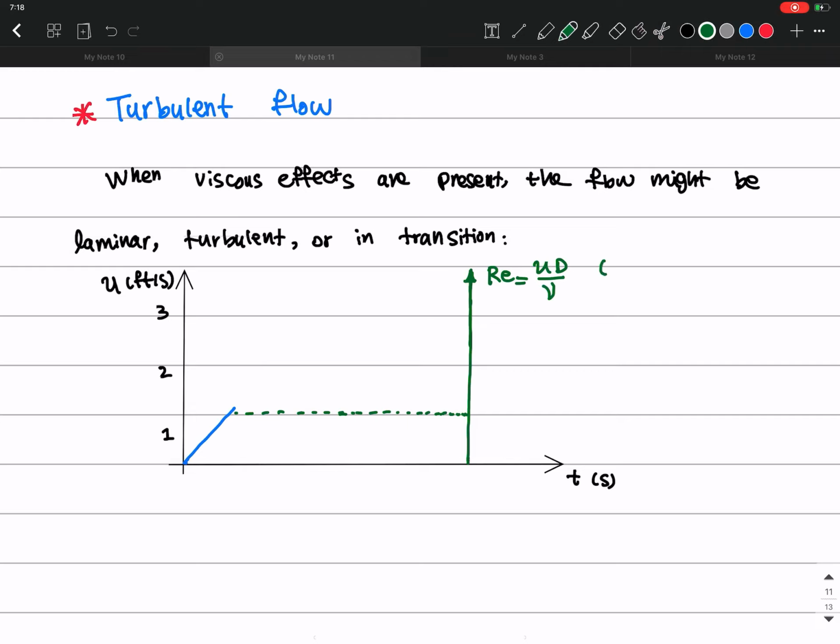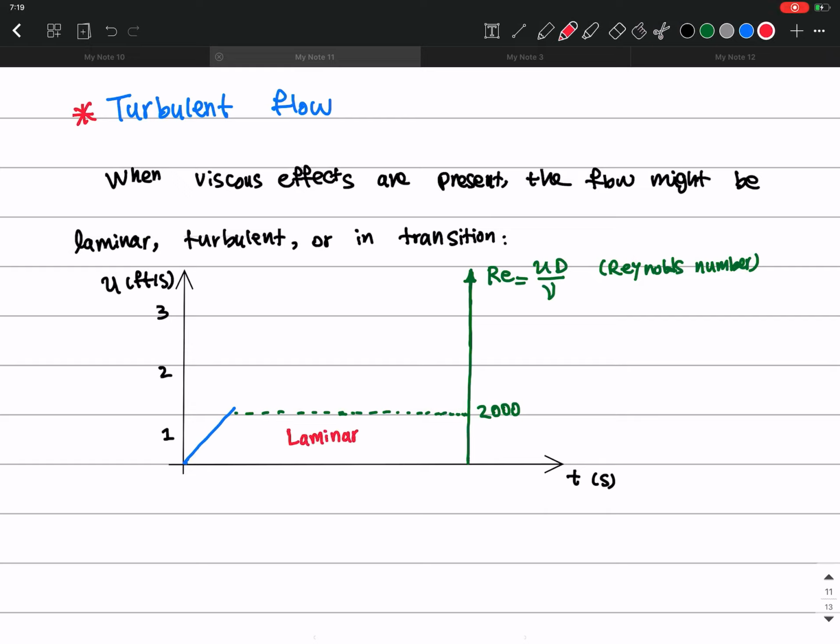So up to Reynolds number 2000, from 0 to 2000, the flow is laminar, because the velocity is small.